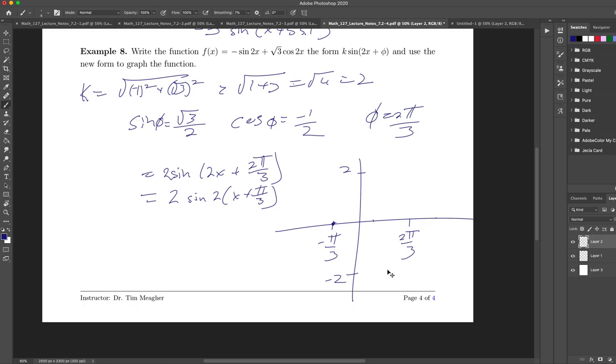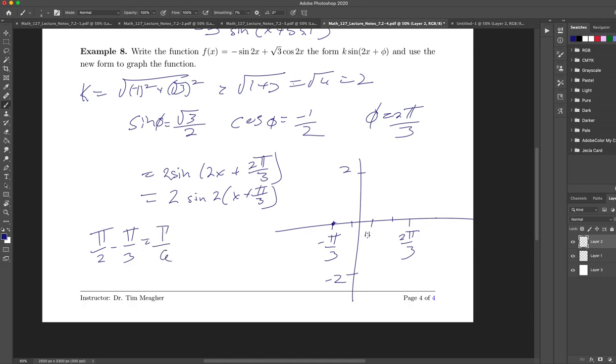Hold on. Nope, hold on. Let me make sure I'm doing this correctly. So let me go slowly so I don't mess up. So pi over 3 to 2 pi over 3 is 1 pi distance. Half of that, I'll just put the halfway mark, and then the fourth marks. Half of pi would be pi over 2, so pi over 2 minus pi over 3 gives me pi over 6.